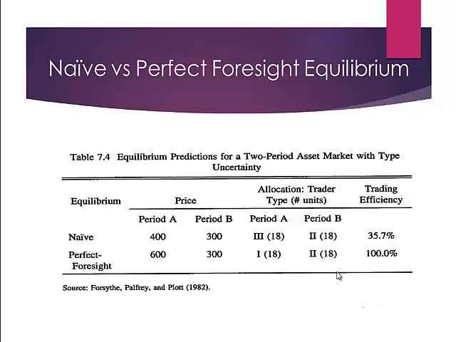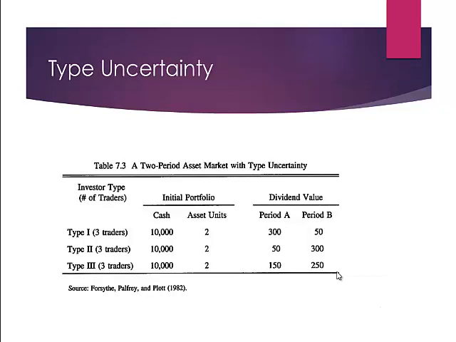And the allocation in period A: type 3 traders will hold all 18 units. Why? Why will type 3 hold all 18 units? Well, I think that if that bottom value 150 is changed to 400, then we can make sense of this.